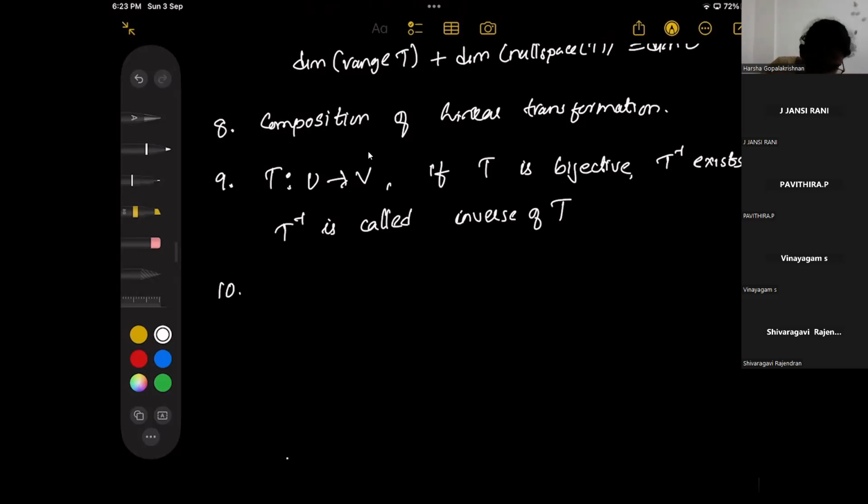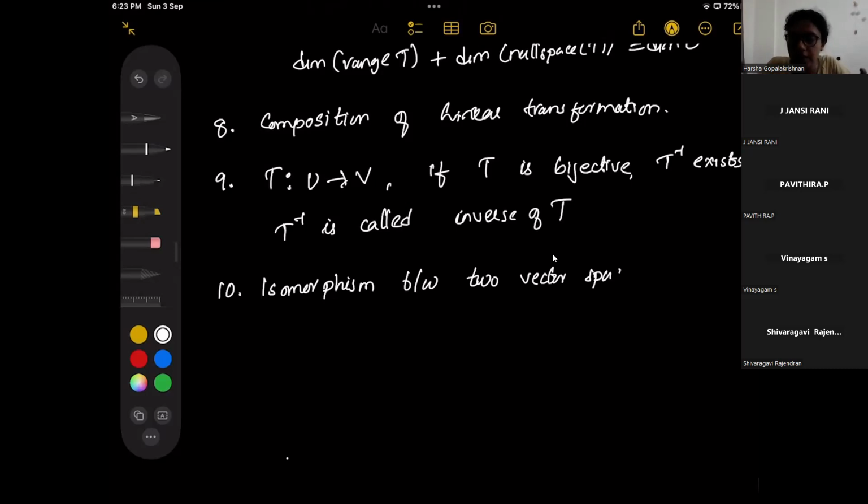So, isomorphism between two vector spaces. This is just saying that if the linear transformation T is a bijection from U to V, then U and V are isomorphic.